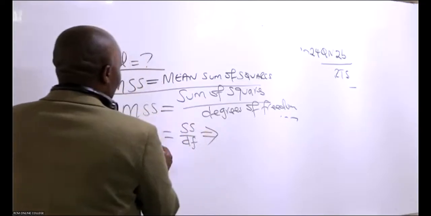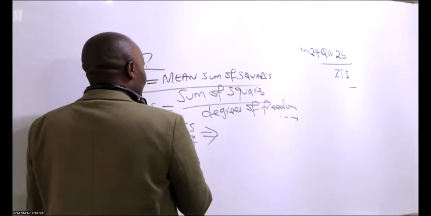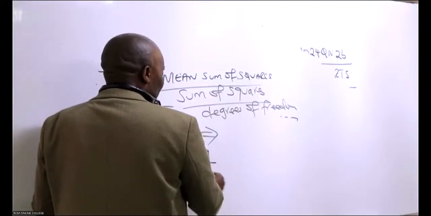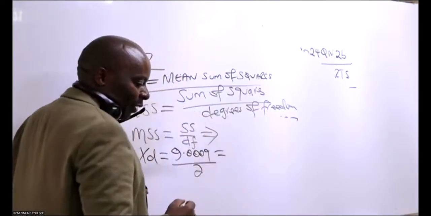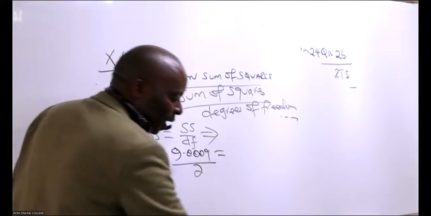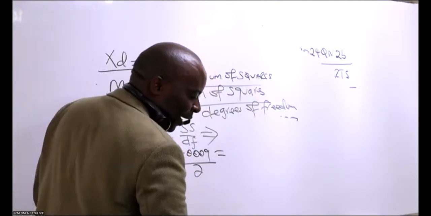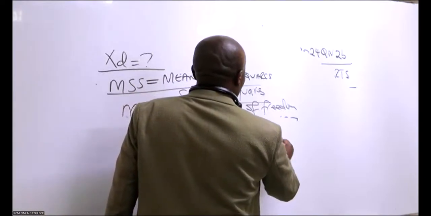So MSS, this is my XD, equals SS. SS is 9.00 what here? 9. All over degrees of freedom, which are how many? 2. So then you go ahead and divide. So what are we able to get, ladies and gentlemen, here? 4.50045.